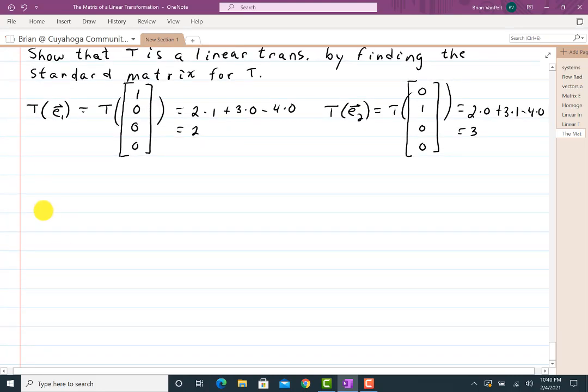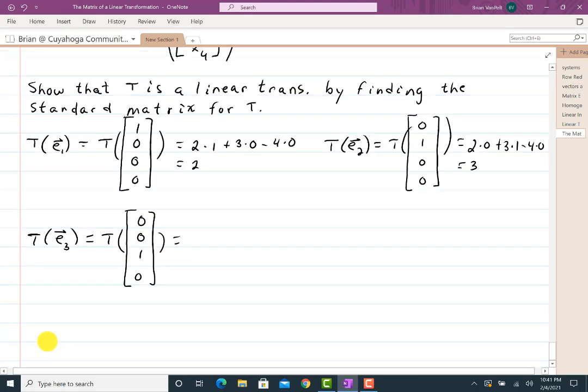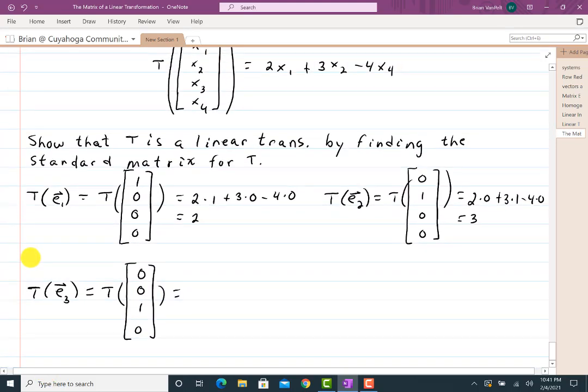And then we have T of e3. This time we have a 1 in the third spot. And in my formula, if you look, there's no x3 here. That means I can only plug in what they give me here.